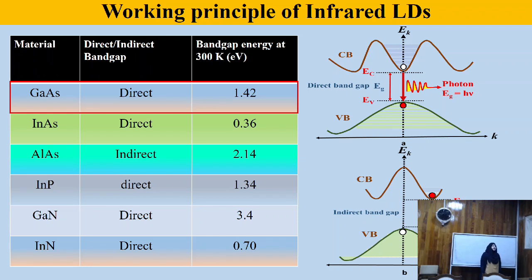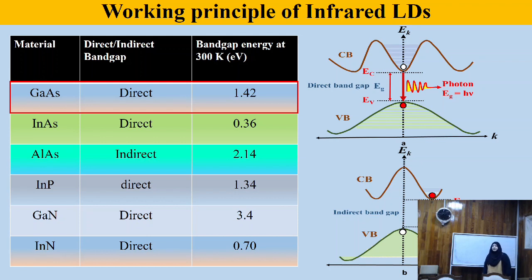The material that I am using for my research is gallium arsenide, which has a direct band gap of 1.42 electron volt, and other materials such as indium arsenide, indium phosphide, gallium nitride, indium nitride also have a direct band gap, whereas aluminum arsenide has an indirect band gap.